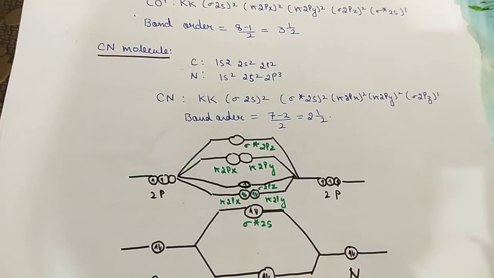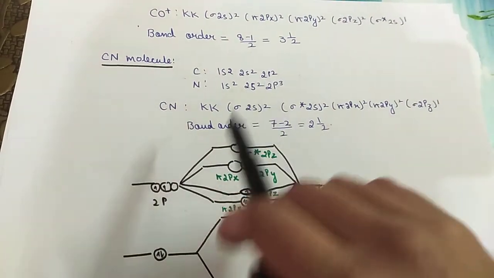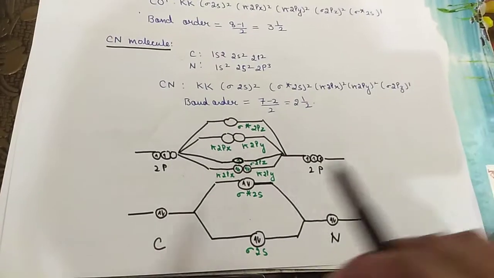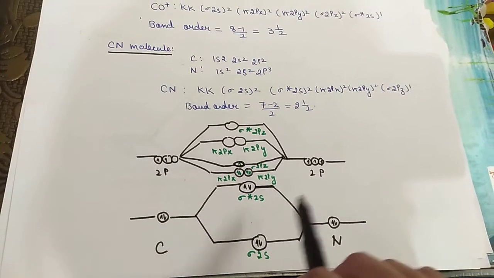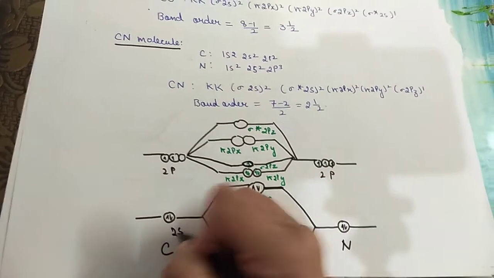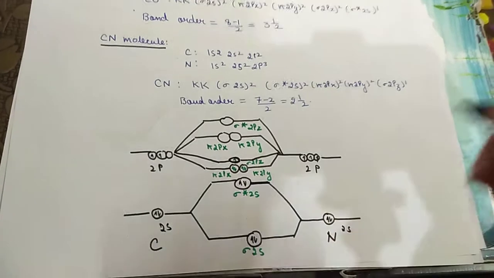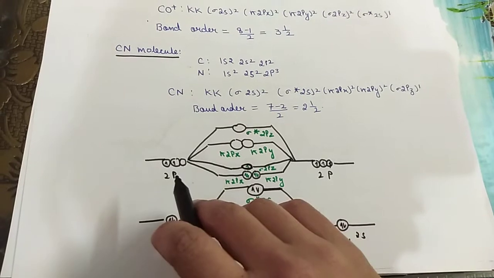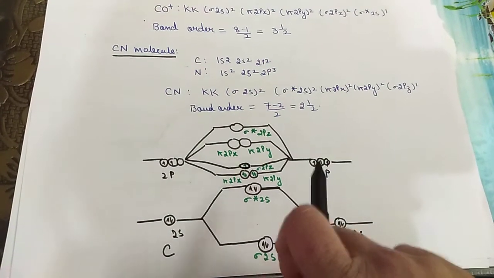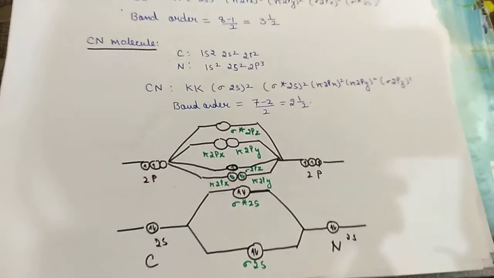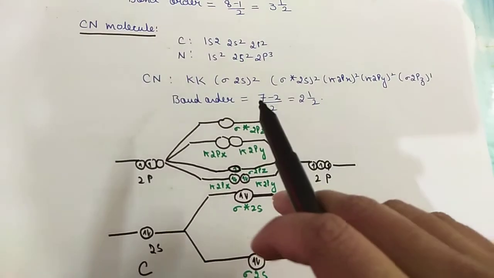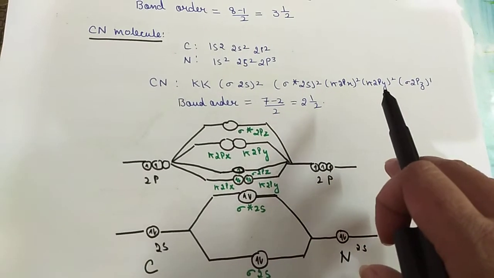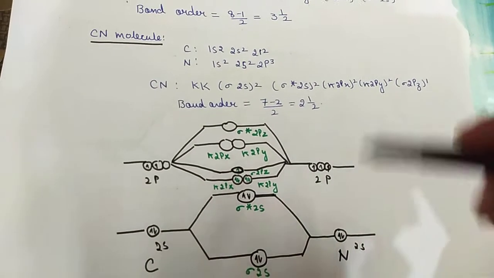Then comes the CN molecule. CN molecule electronic configuration is 1s2 2s2 2p2 for carbon, 2s2 2p3 for nitrogen, and then we will write the molecular electronic configuration: sigma 2s2, sigma star 2s2, pi 2px2, pi 2py2 and sigma 2pz1.